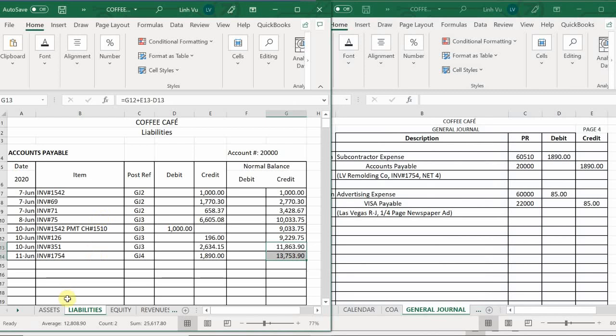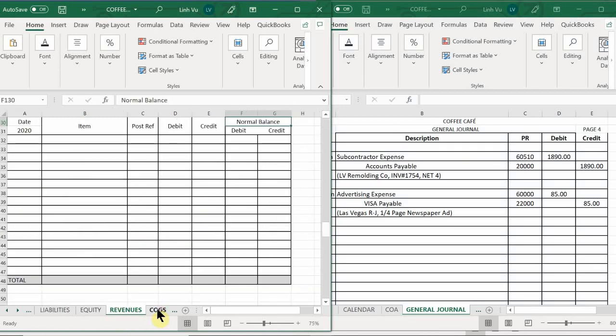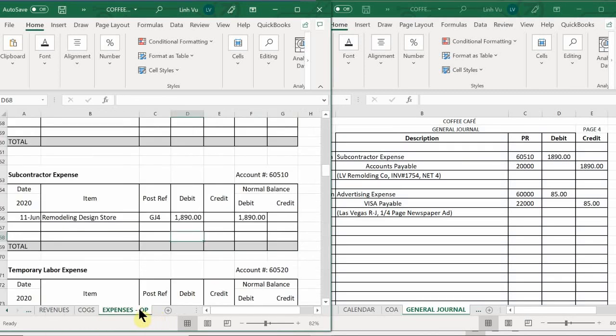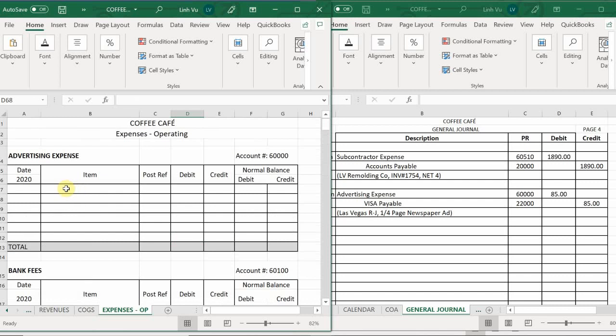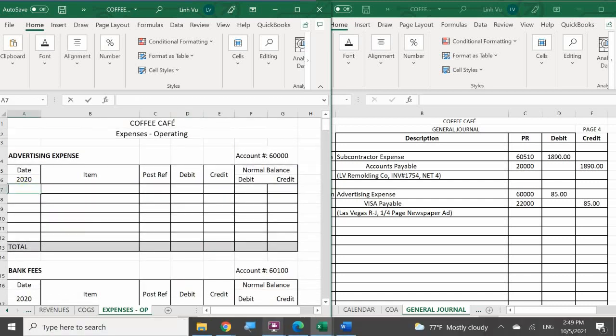So in this case, we have advertising expense. So we're going to go to our expenses, advertisement, the very first account right here, 612. So again, fourth page newspaper ad.